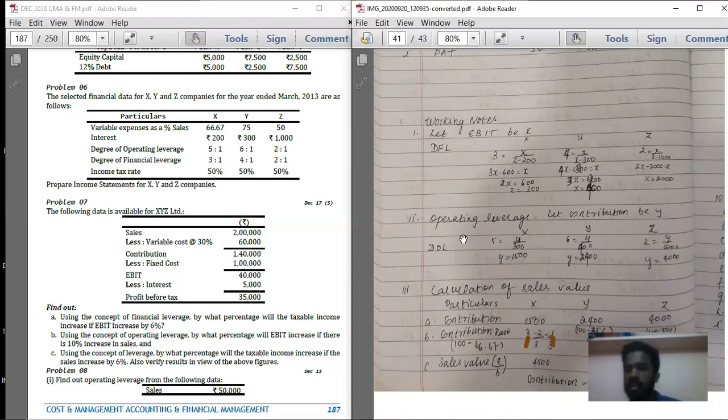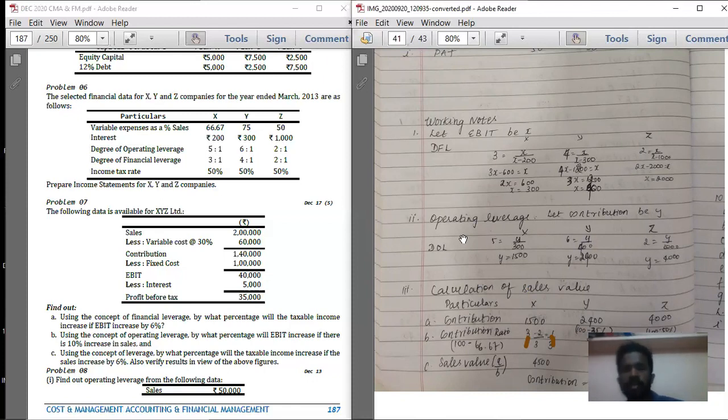Below that, write: let contribution be Y. Below that, draw a four-columnar table, that is particulars X, Y, and Z. Below that, particulars DOL.